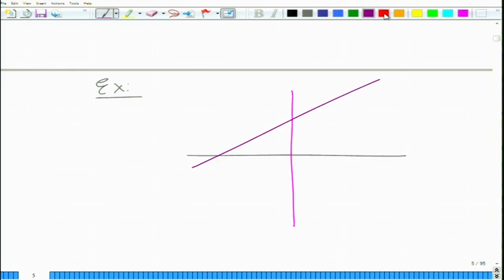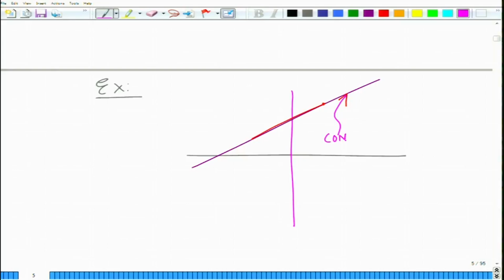If you take any 2 points on the straight line, the chord itself lies on the function, so the chord neither lies above nor below, it coincides with the function. So, you can say the straight line is convex as well as concave, because the function coincides with the chord joining any 2 points.